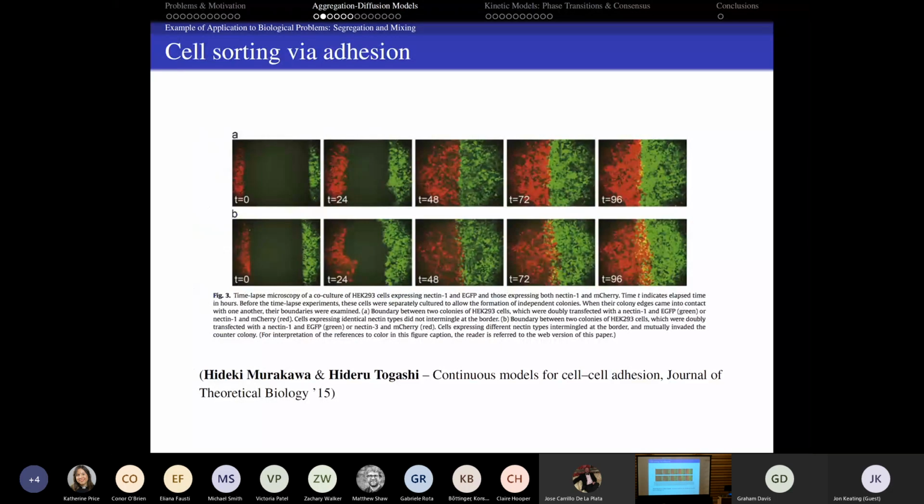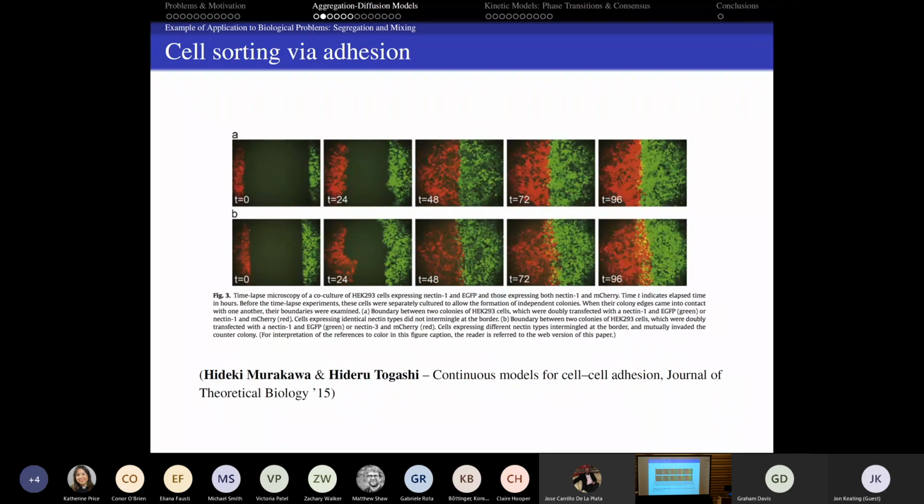This is an experiment done by some collaborators in a biology department in Japan, in which they grew colonies of certain cells that had been genetically engineered in such a way that you can change the level of expression of certain proteins. By changing the level of expression of certain proteins, they are able to modify the ability to adhere, either between the red cells or between the green cells.